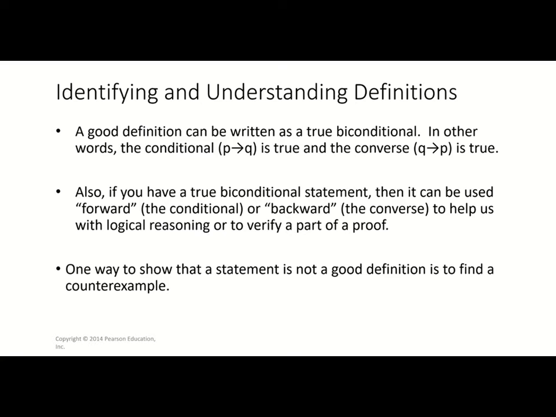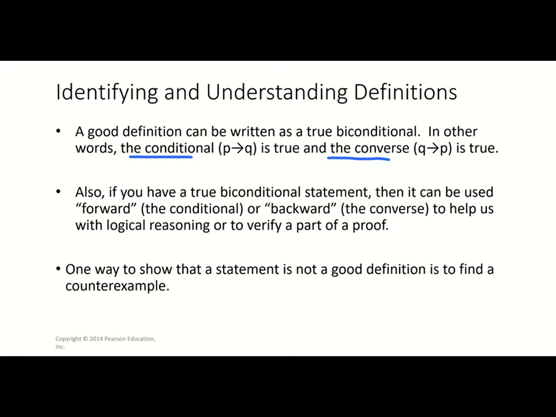All right, so in past sections, I mentioned looking at a definition and what made a good definition. And now we're going to look at how we can find a good definition. A good definition can be written as a true biconditional statement. That means it's the same forwards and backwards. So we can take the conditional statement and look at its converse, and it will also be true.